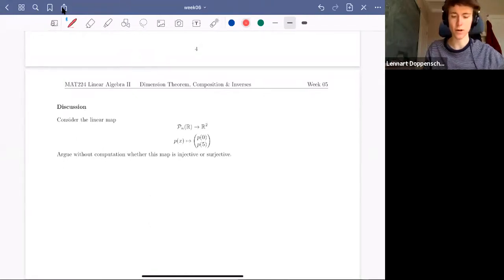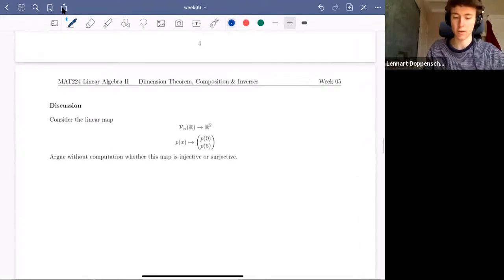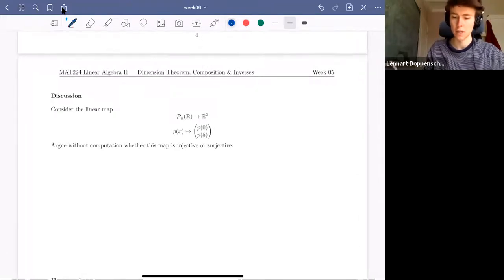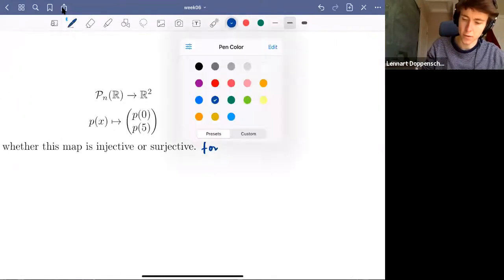I wanted to argue whether this is injective or surjective, without actually doing any computation. And I guess I forgot to add here that you should do this for different n.